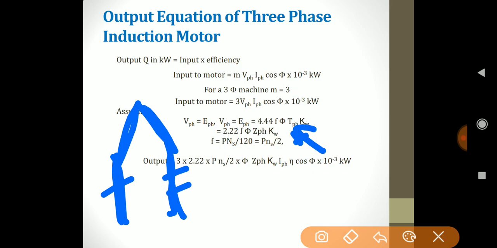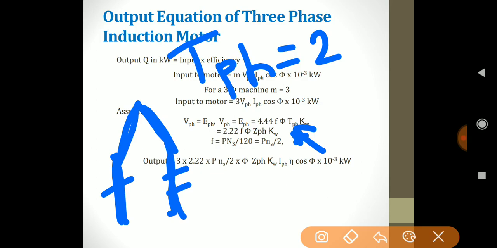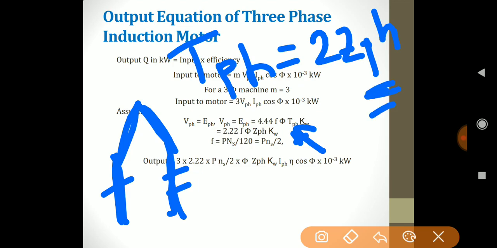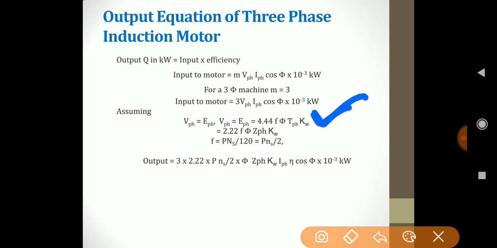So when I am writing the turns in terms of number of conductors, TPH will have 2 into ZPH conductors. In other words, ZPH should be TPH by 2. So I have divided this equation by 2, removed TPH from it and added ZPH to it. I hope you understood what I said just now.